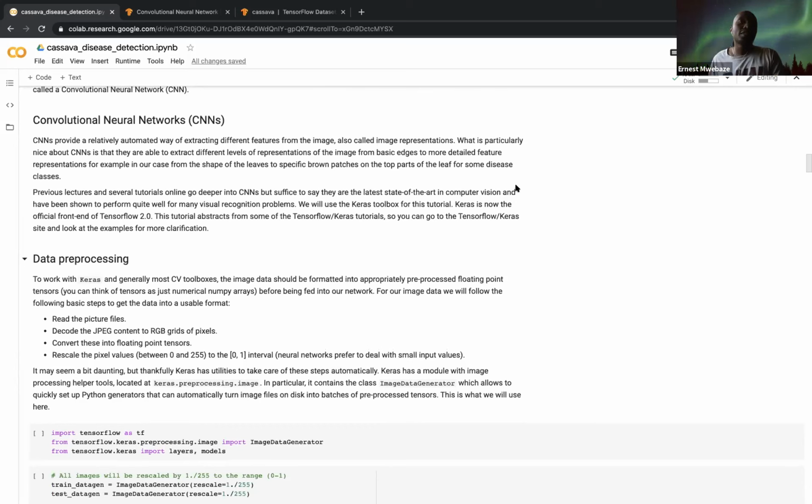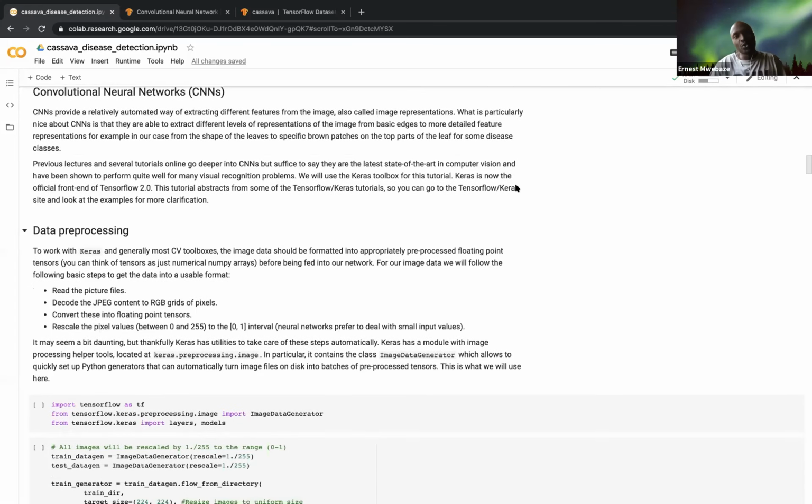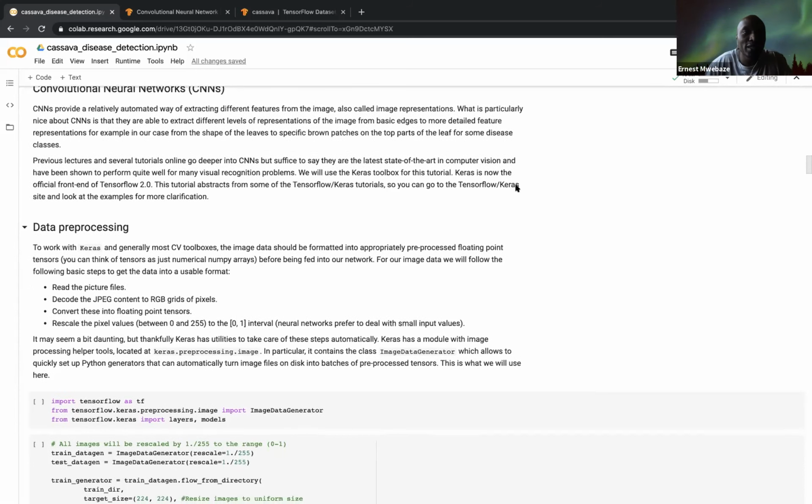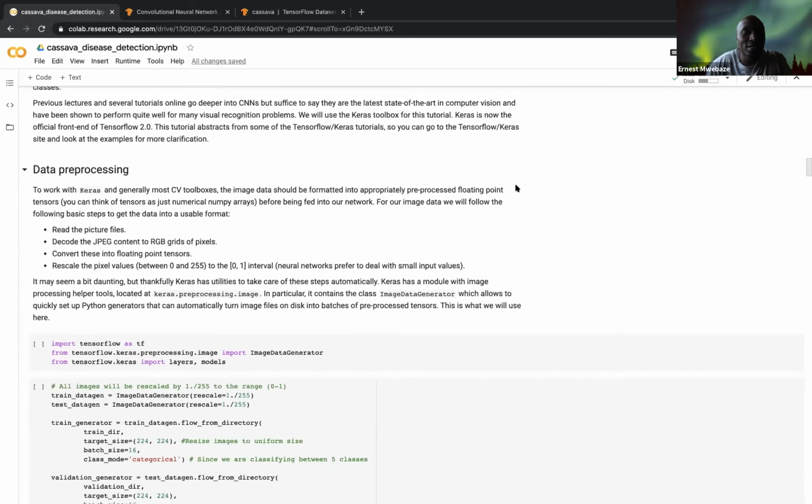And two, many of these have been automated in toolboxes. So it's important that you go and look at the theory behind them. But once you've done that, in this tutorial we want to see how you could quickly get to using them. And so we'll use TensorFlow 2, which comes with the Keras toolbox embedded, which makes things a bit simpler.